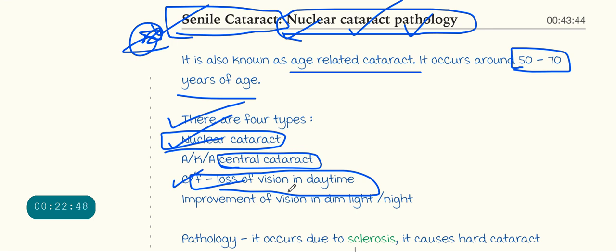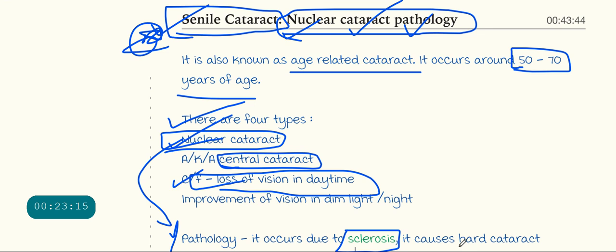Now what is the pathogenesis of nuclear cataract? The most important thing: in one word, it is due to sclerosis. On surgical methods you will find that in nuclear cataract there is going to be a hard cataract.